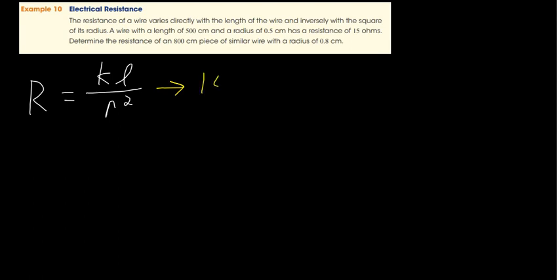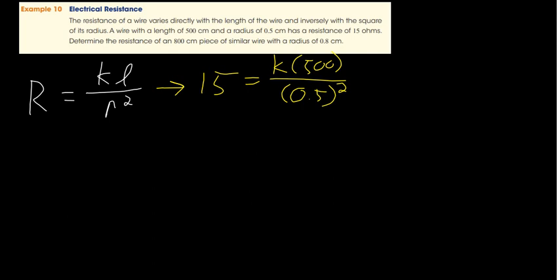So 15 for ohms is equal to K, that's what we're looking for. It has a length of 500 centimeters, so 500, and a radius of 0.5 centimeters, so 0.5 squared. So 15 times 0.5 quantity squared is going to be 3.75.